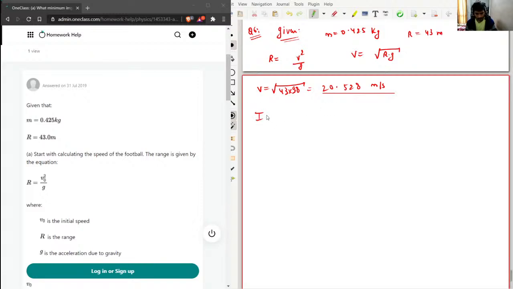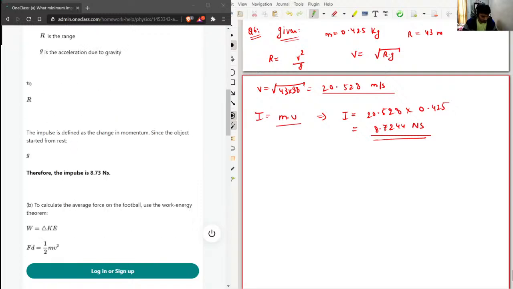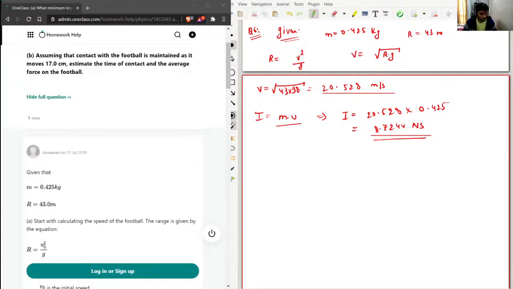So impulse is mass into velocity. Impulse will be, velocity is 20.528 and mass was 0.425. So this will be 8.7244 Newton second. The solution given 8.73. So yeah, that is acceptable.